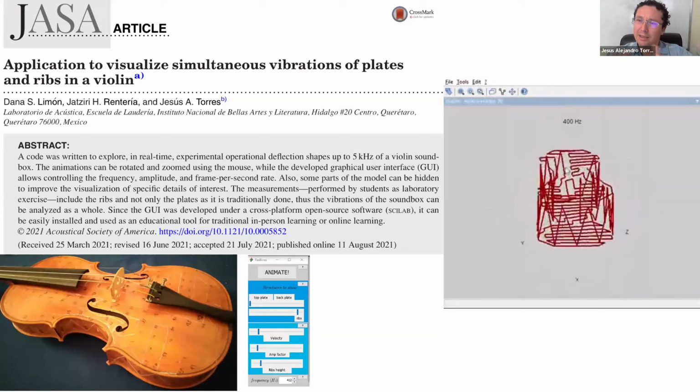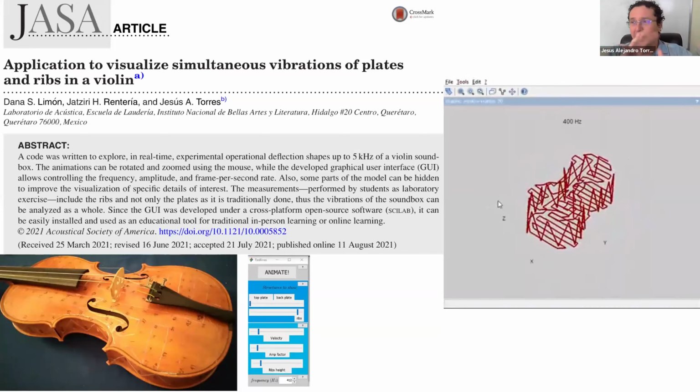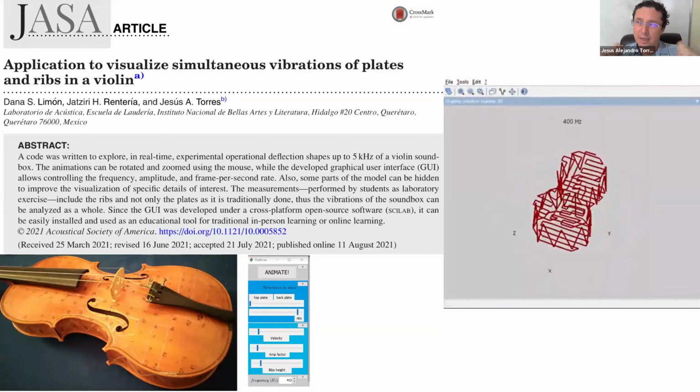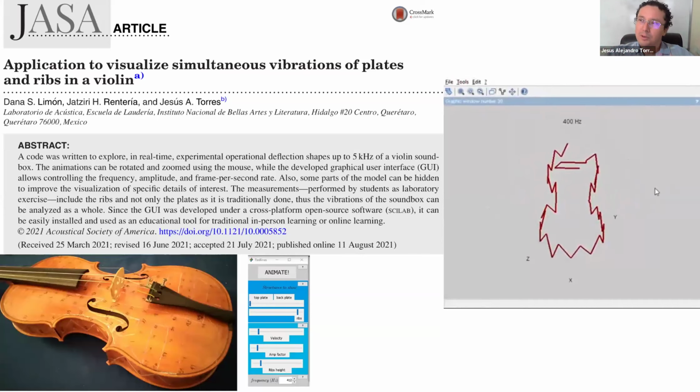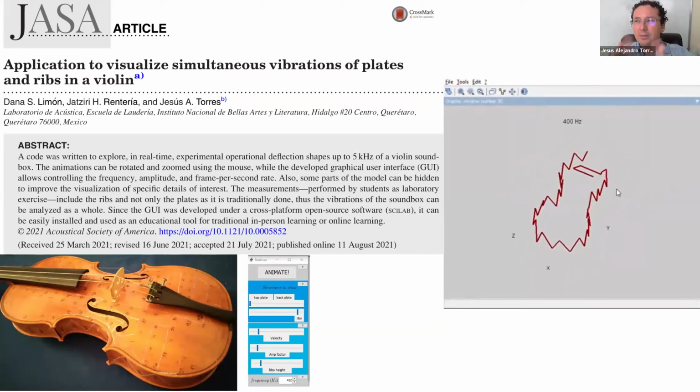Now we can see the vibrations from any point of view, in real time, over the frequencies, and you can remove the parts that you don't want to see. If you keep the ribs, you can see the motion of the ribs over the frequency.